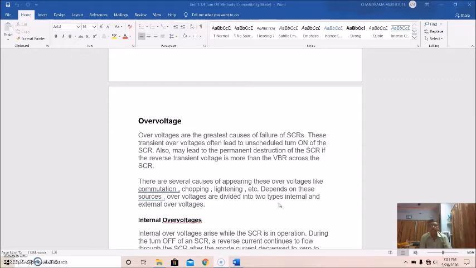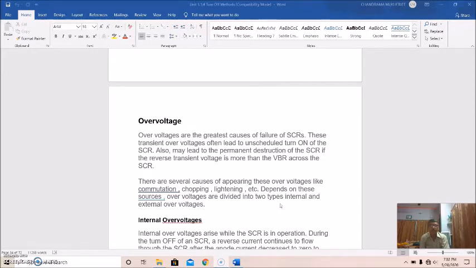Transient overvoltage often leads to unscheduled turn on of the SCR, and may lead to permanent destruction of the SCR, if this reverse transient voltage is more than the reverse recovery voltage across the SCR. There are several causes for this overvoltage appearing, like commutation, chopping, lightning, etc. It depends on these sources.